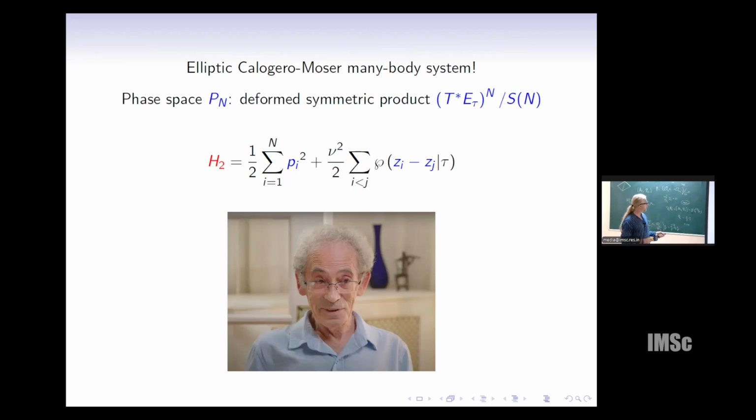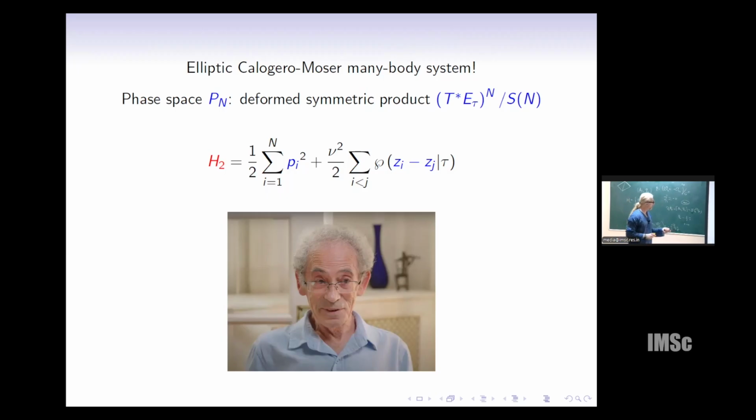In that case, you could restrict this holomorphic function to the real slice, where the z_i's are real and the p_i's are real. On this real slice, this function, this Weierstrass P function, will also be real, and so it will describe the many-body system of particles on the circle with an interesting potential.